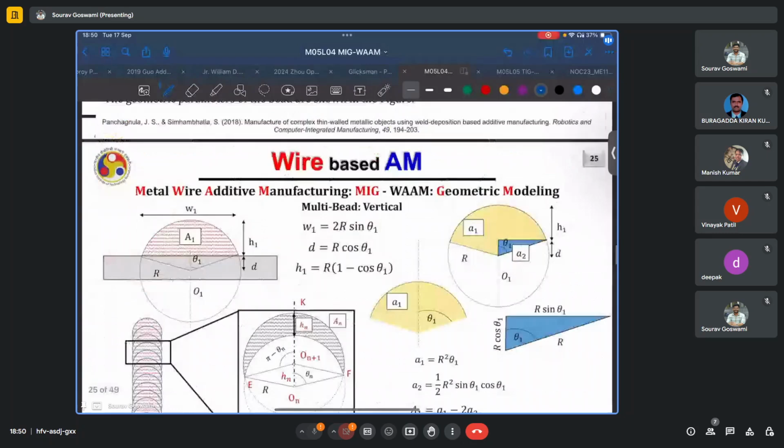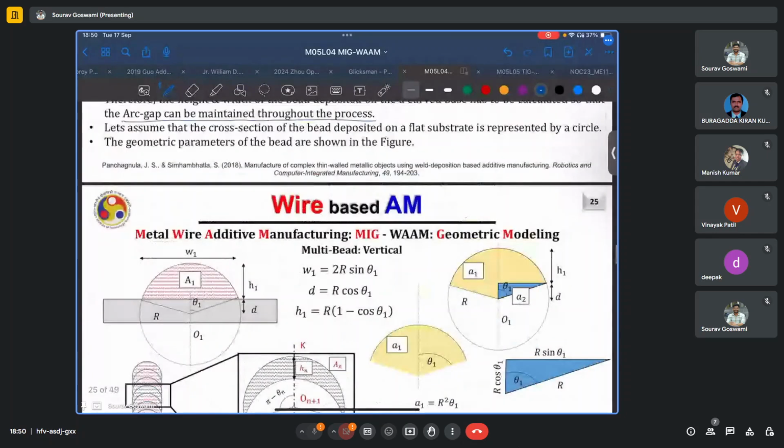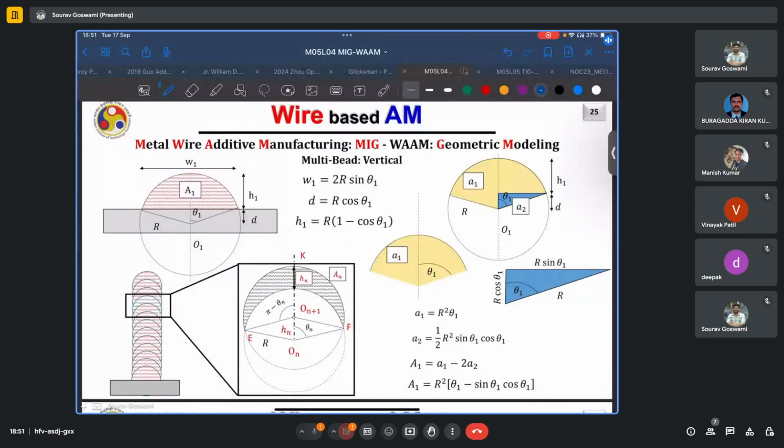In the previous case, the bead profile was assumed to be parabolic. However, in this case, it is assumed to be the arc of a circle, just for simplifying the calculations. The center is assumed to lie somewhere inside the substrate, depending on your actual case.